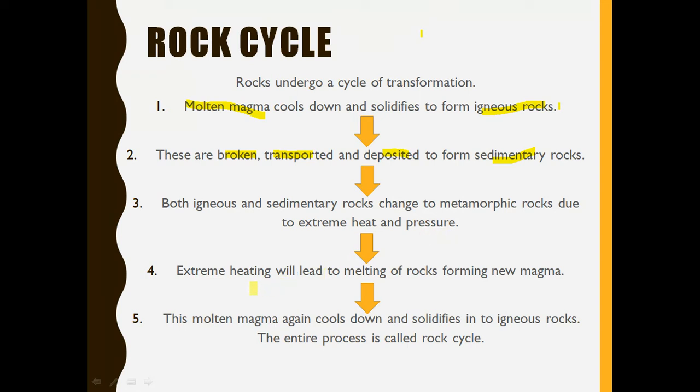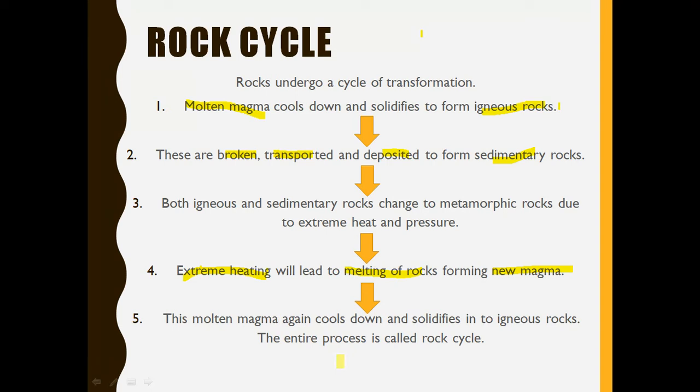Now, it doesn't mean that after metamorphic rocks, the heat and pressure stops. That will go on. And what will extreme heating do to the metamorphic rocks? It will again lead to melting of the rocks. Melting of the rocks will again lead to new magma. And it comes here again.